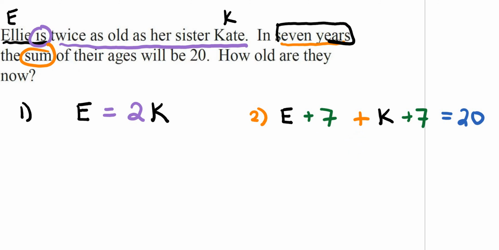Then I would collect like terms. 7 plus 7 is going to be 14, so I have E plus K plus 14, and that's going to equal 20 on the right-hand side.